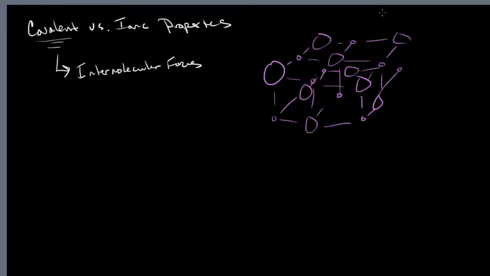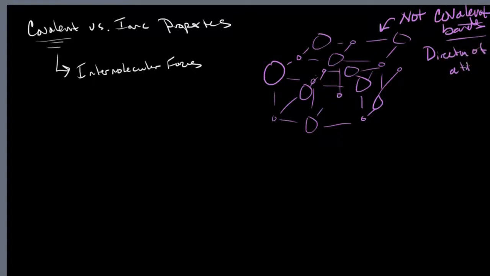These lines right here are not covalent bonds like the lines in the other one. These are direction of attraction. This is attracted to that because of what?